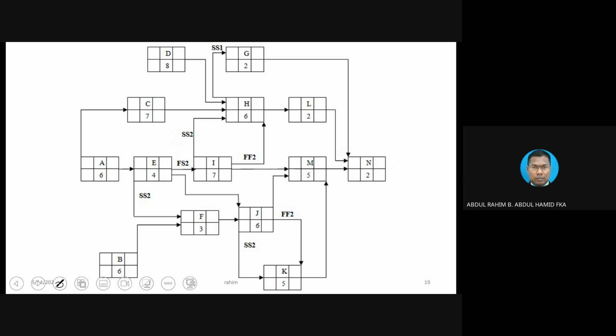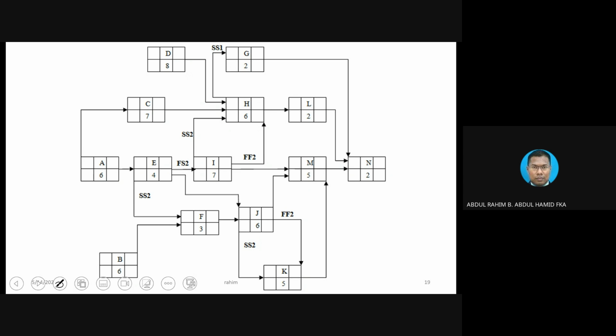So this is another typical final exam question, but nowadays we do not give the diagram anymore. The diagram is the one that you need to construct from the list of activities. But you notice there is some complexity in the diagram.